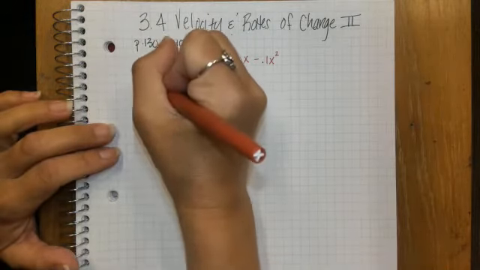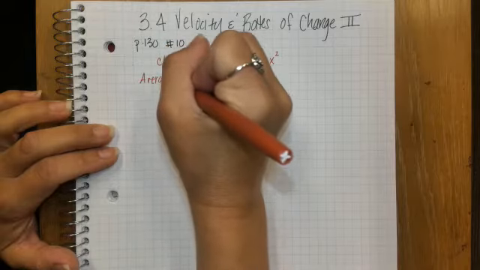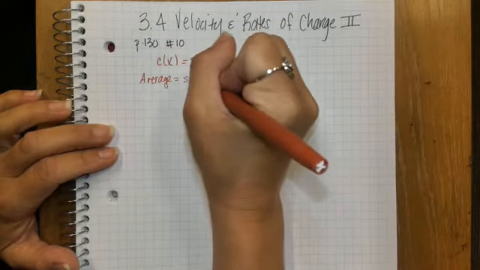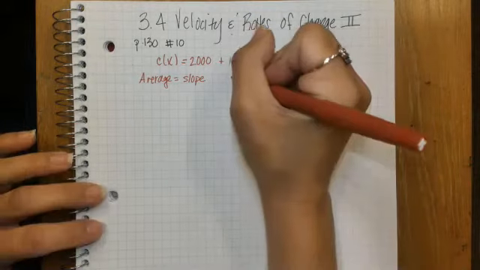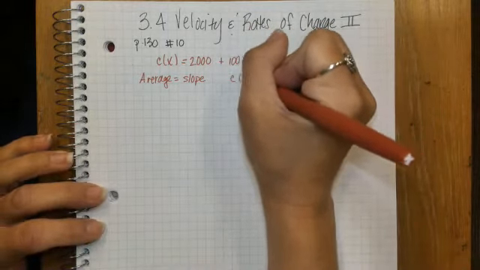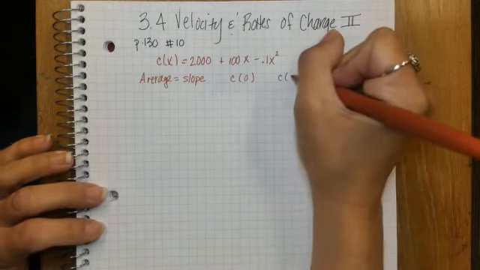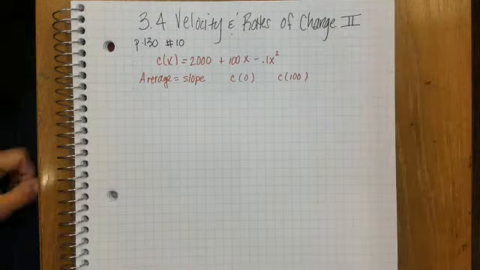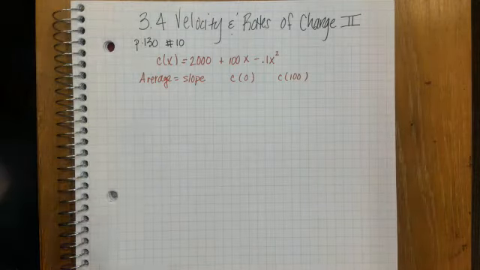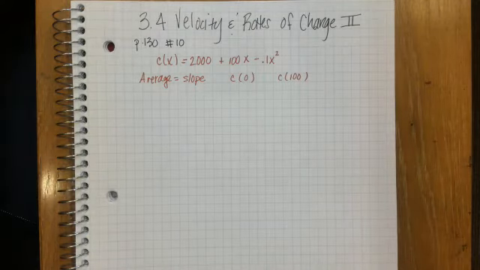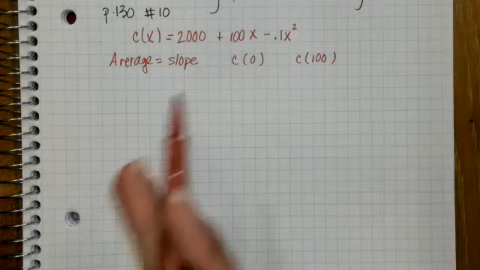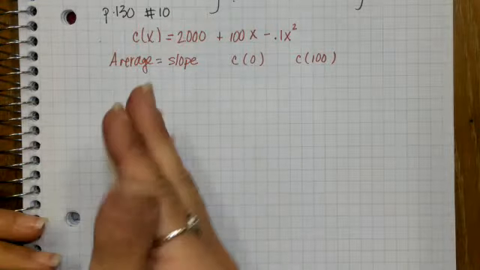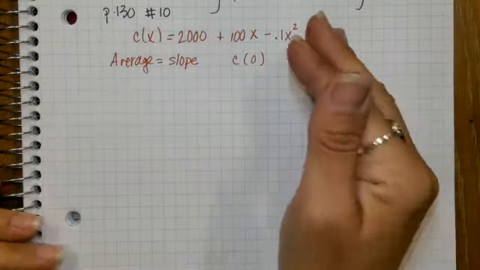Okay, average is just slope. No derivatives, nothing else. So let's look at the cost of producing no machines, and let's look at the cost of producing 100 machines and go from there. I'm using 0 to 100 because if I want to find an average, think of it as displacement, my starting cost to my ending cost.